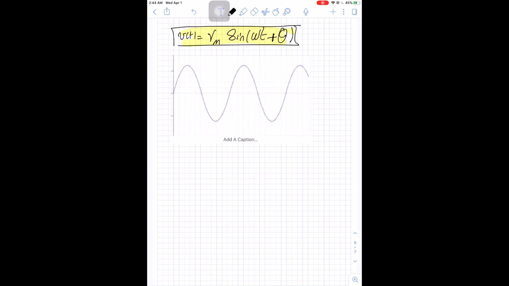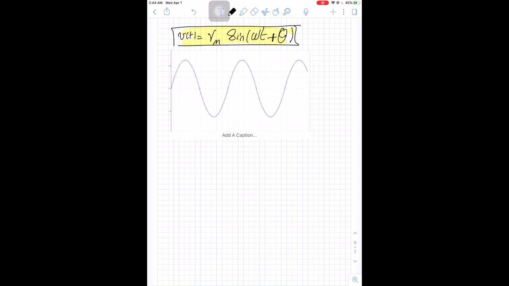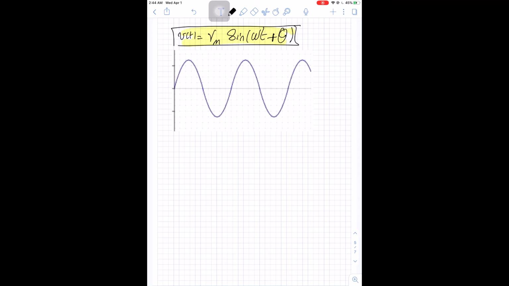If we need to sketch this sine wave, this is what we will have. Here is V of t, here is the time t, and this value here is the maximum value V max, and this value here will be negative V max.